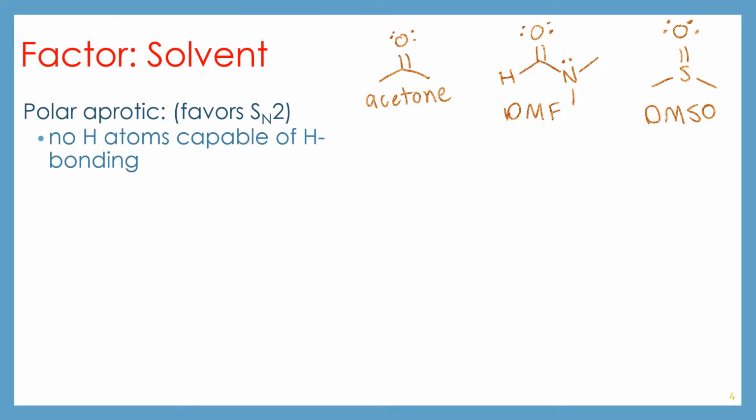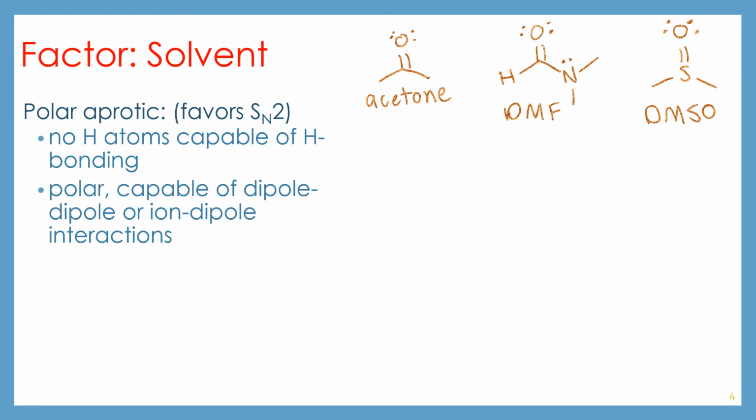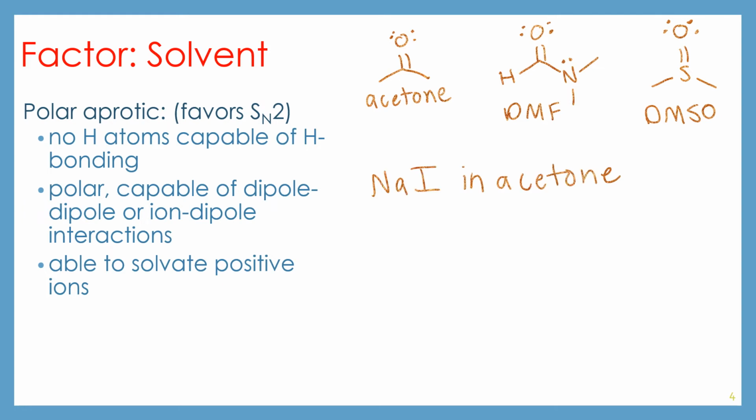All of these solvents are polar, and none of them have hydrogen atoms that are going to be capable of hydrogen bonding. They are, however, capable of dipole-dipole or ion-dipole interactions. They will be able to solvate positive ions.